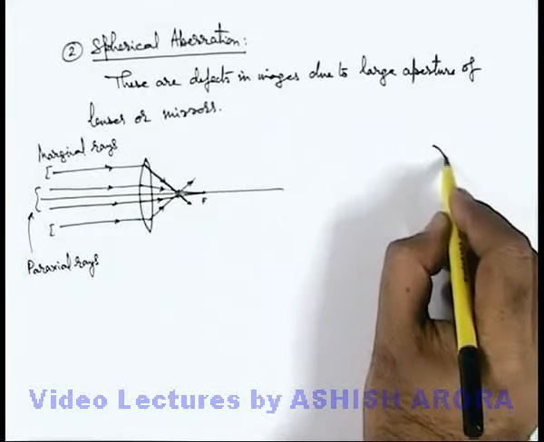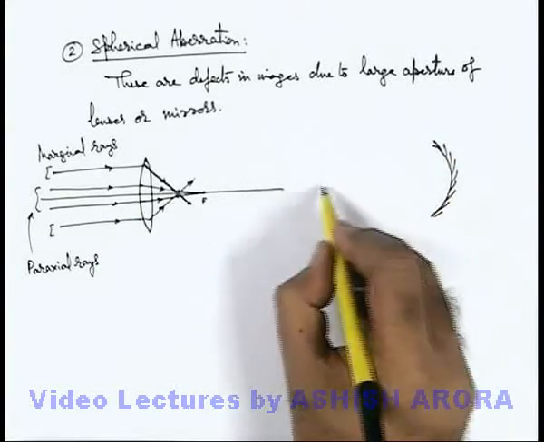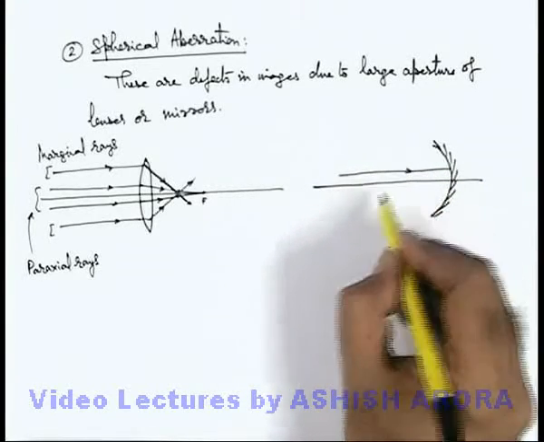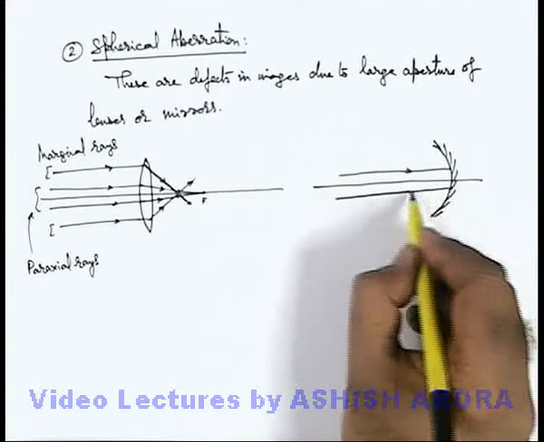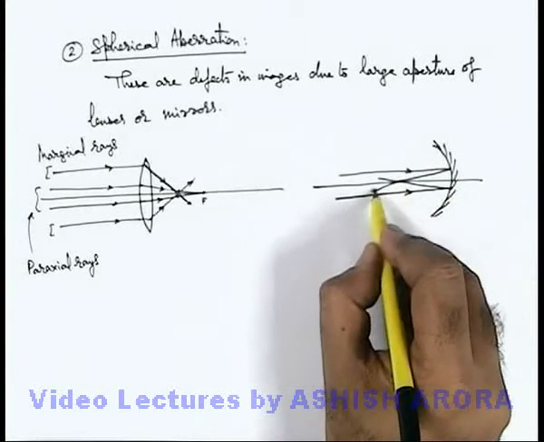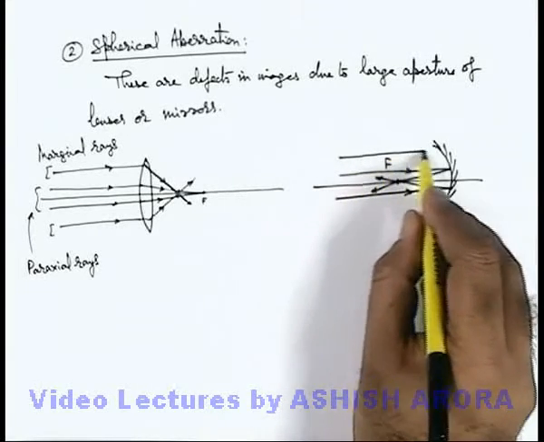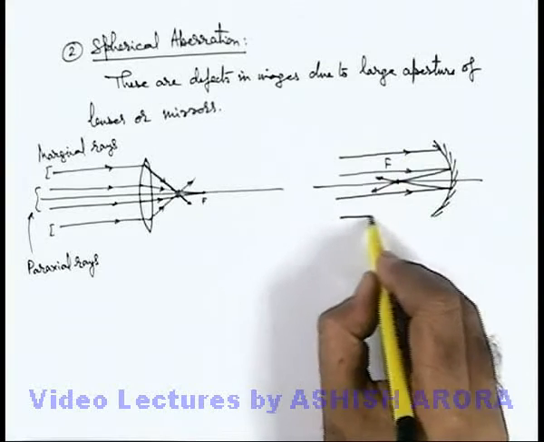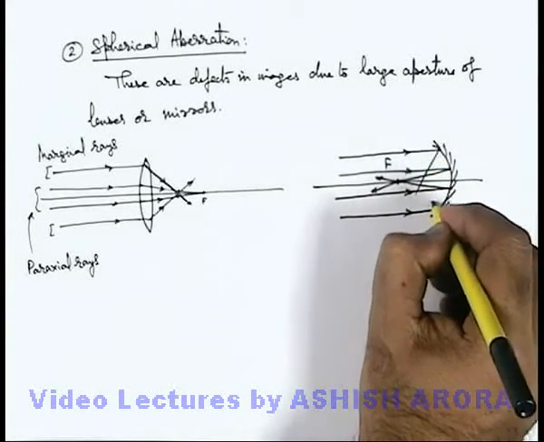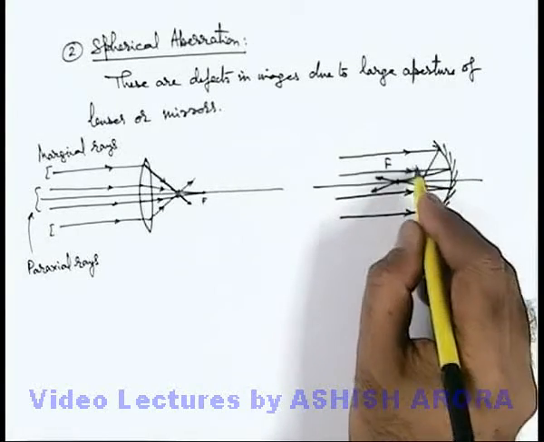Similar to this, if we talk about a concave mirror, the same phenomenon can be explained. If parallel rays incident onto the concave mirror are paraxial, after reflection these light rays will converge to a point which we term its focus. But if we consider marginal rays onto the concave mirror, after reflection these rays will converge at a point which is between the pole and the focus.